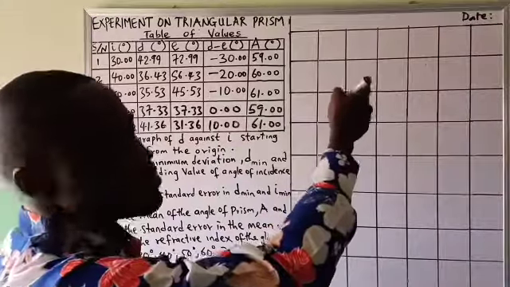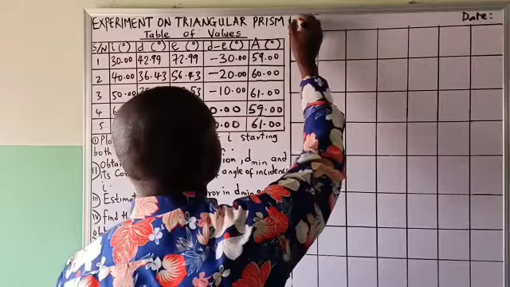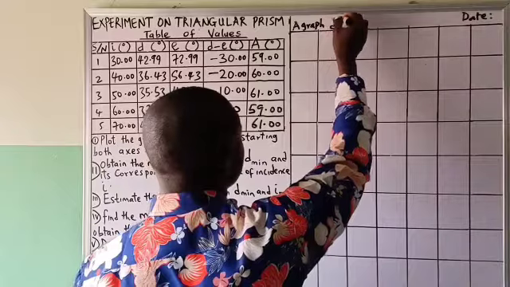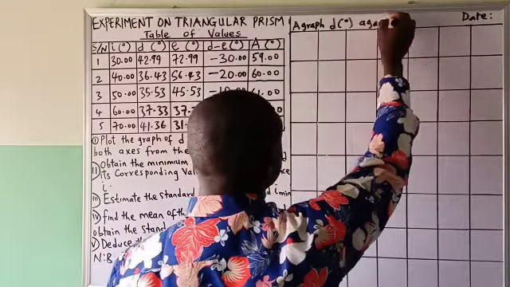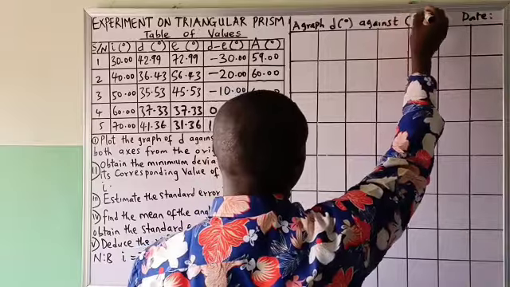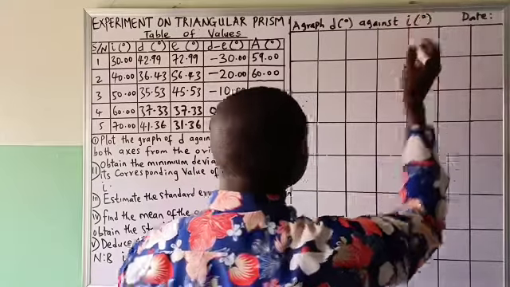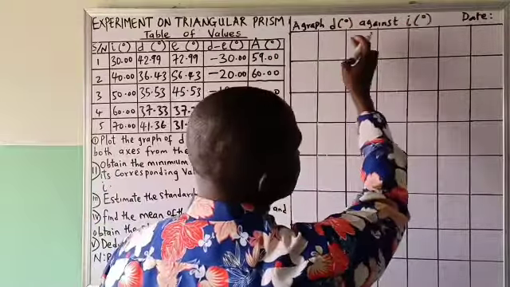Put your date, then write the title of the graph: a graph of D in degrees against I in degrees. So as you write the title, attach the degree, the unit, to it.